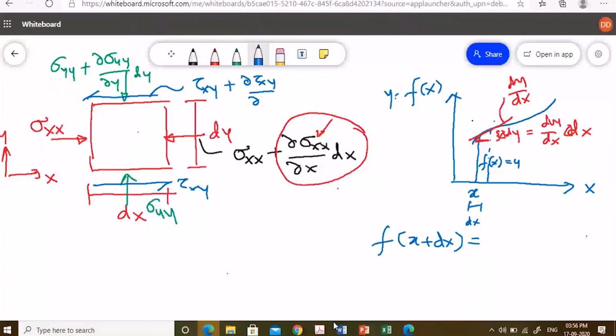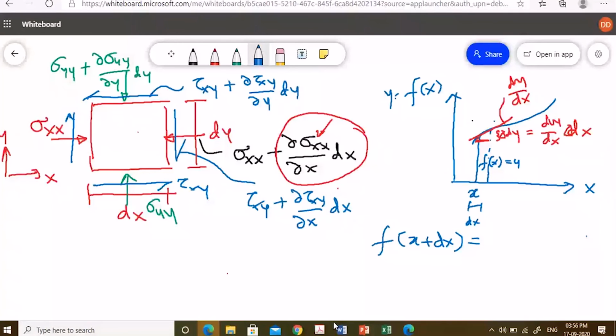If I have shear stress here, which is also, let's say, tau xy, and this one we will write tau xy plus del tau xy del x dx. You can see the difference because it's in the x direction. So you see, this is what will be the stresses in that particular element of dx and dy.